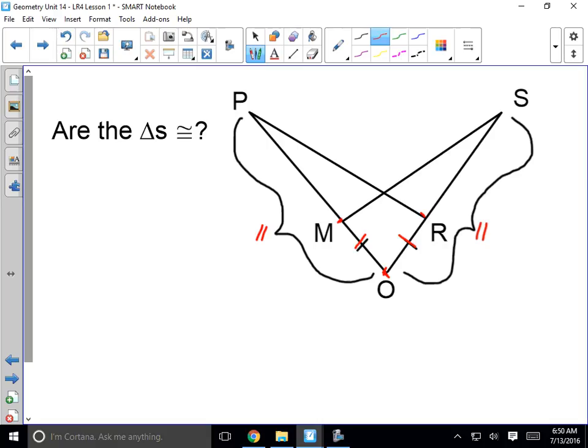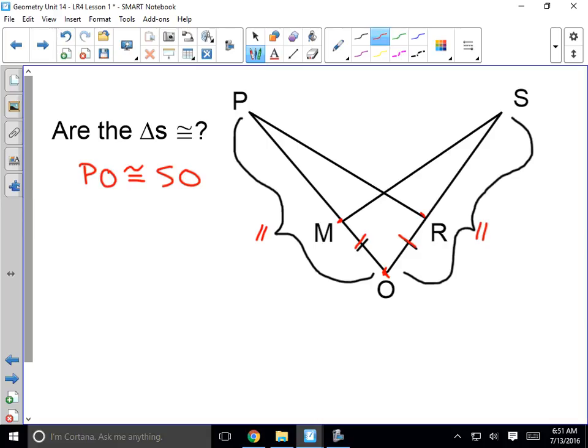So as we work our way around, PO is congruent to SO. That's given to us.